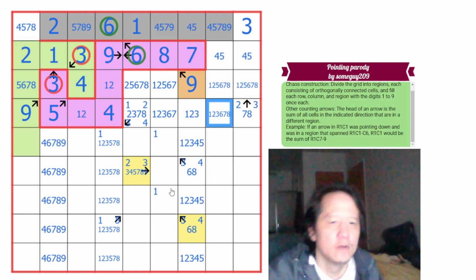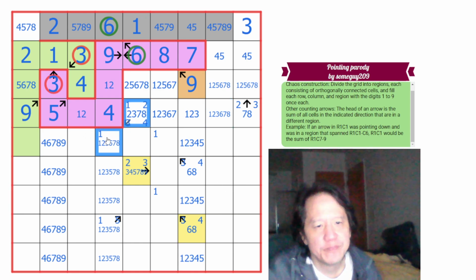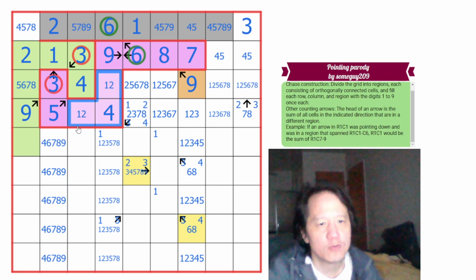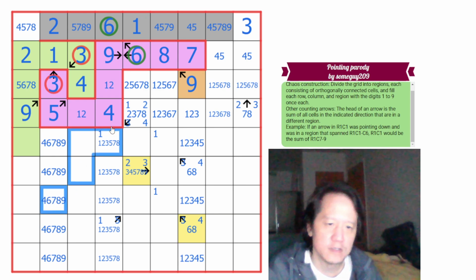Okay, so for this cell, we were saying you could have 1, 1, 4, and 1. That's not possible, actually, because one of the ones has to be here. So this can only be 2 of the ones, and this would obviously be 1, and one of these would be 1. But you could have a 2 with it. So 1, 2, 4, and... okay, so that's still possible.